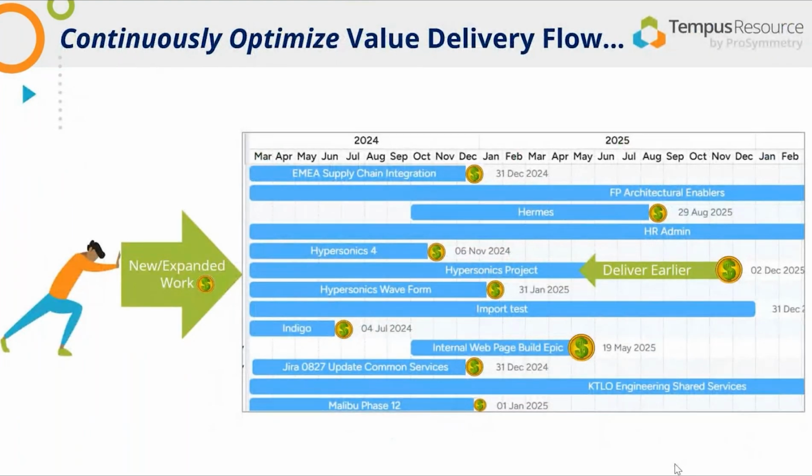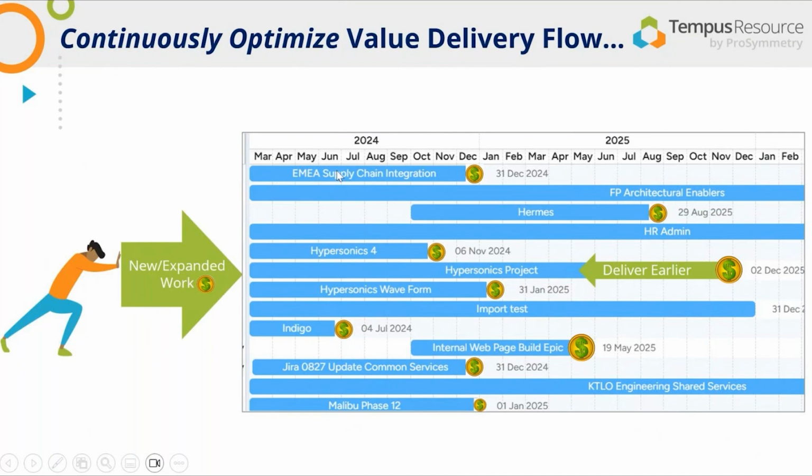Right? The concept that we really want to drive home here is this idea of continuously optimizing value delivery through your portfolio. This is just a sample portfolio I threw out here. And the notion being, look, the reason that we have audits, products, epics, whatever they are in your portfolio, is that ostensibly they're adding value to your enterprise whenever you deliver them.